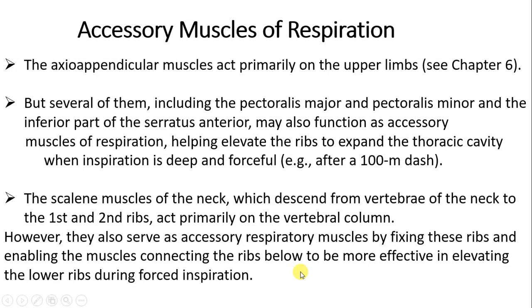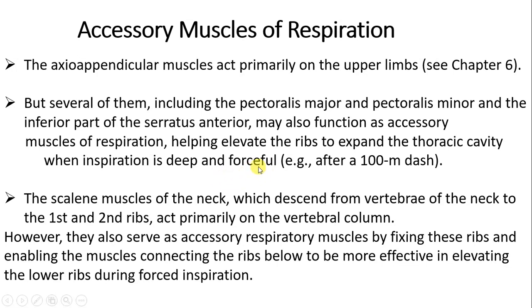You can feel them. It is actually to fix the first and second ribs so that the lower ribs can move effectively.